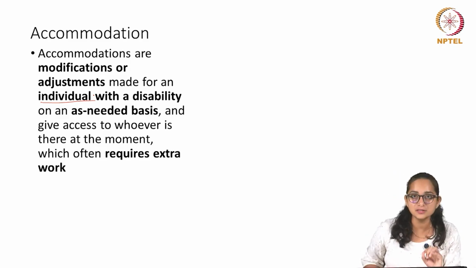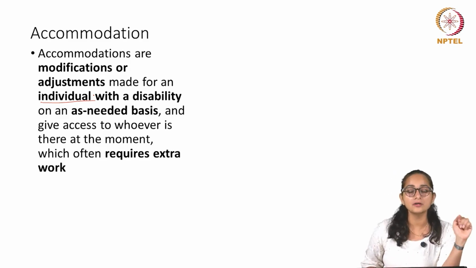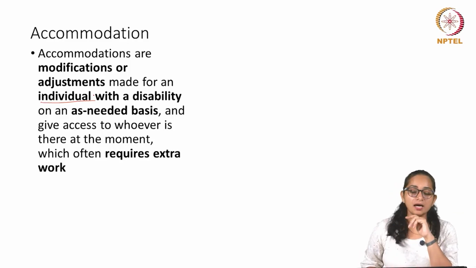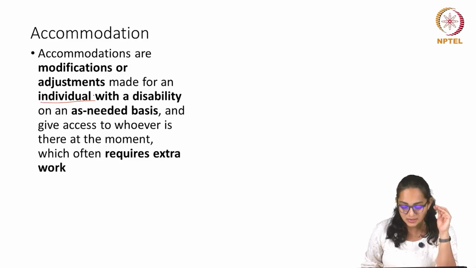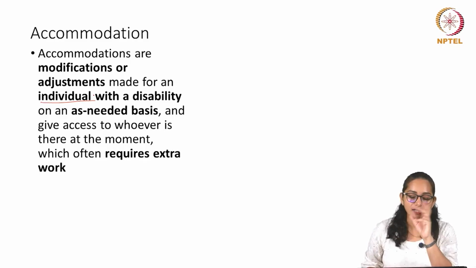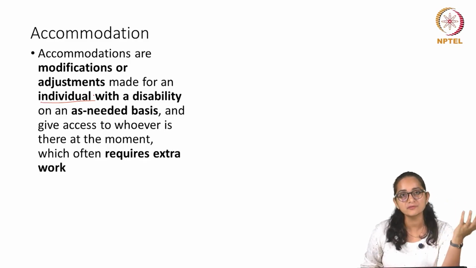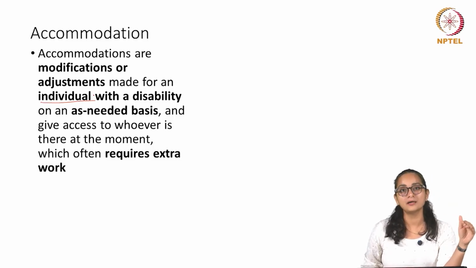It is an adjustment made for an individual's need and on an as needed basis, and it just allows them to get access to the information, the building, or whatever it is that they are seeking access to in that moment.